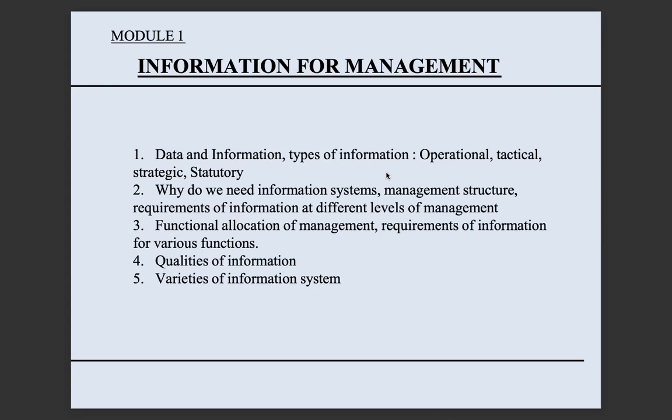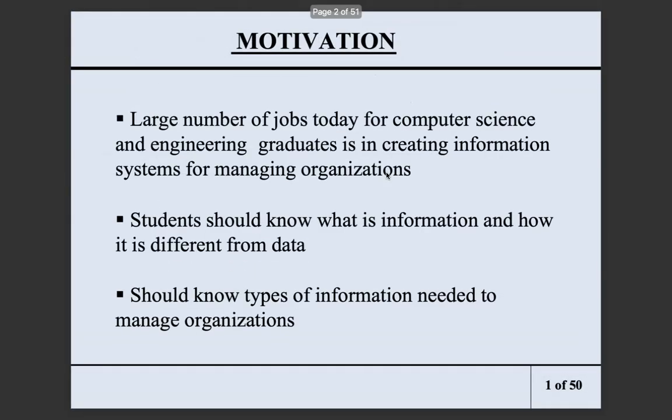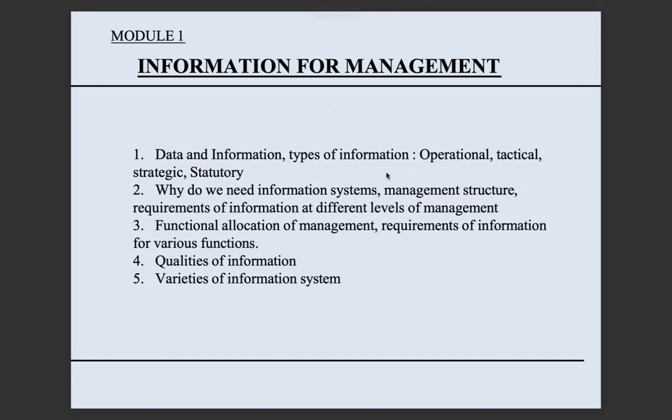The third one would be the functional allocation of management, requirements of information for various functions. The fourth one will be the quartiles of information, and the last one is the varieties of information. Then the motivation: why we have to learn about this information for management part.